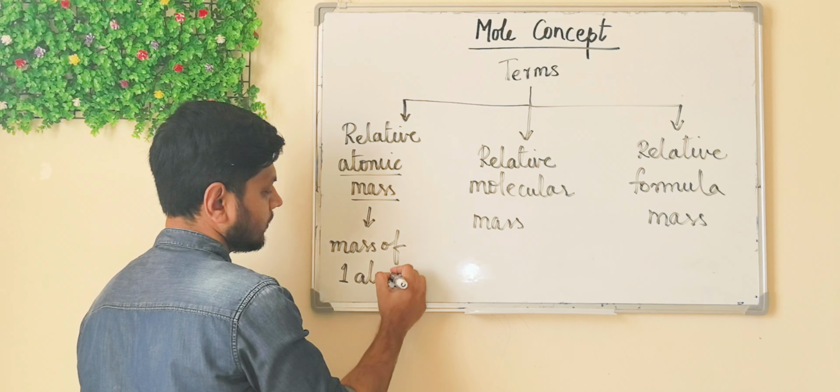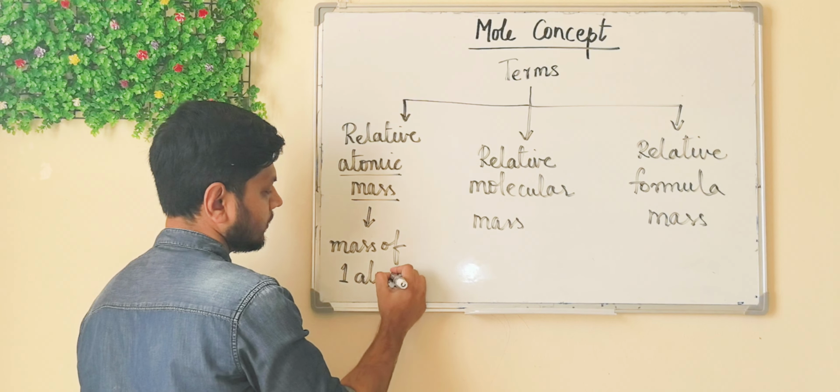So we write the relative molecular mass for covalent compounds. For example, carbon dioxide, CO2, is a molecule of a covalent compound. The mass of one carbon dioxide molecule is equal to 44.